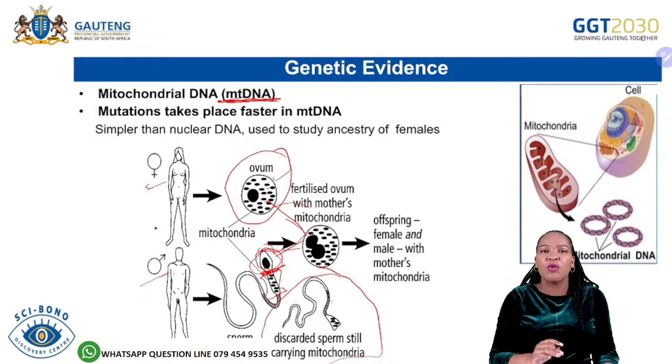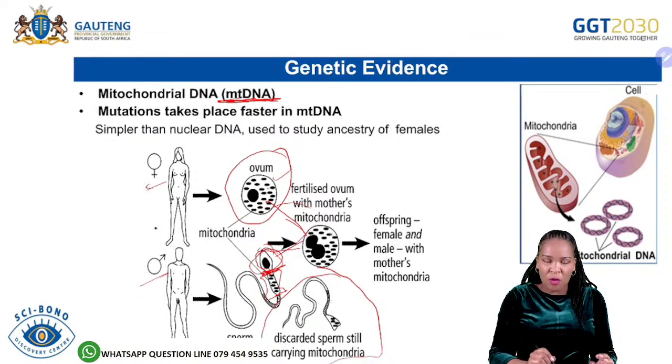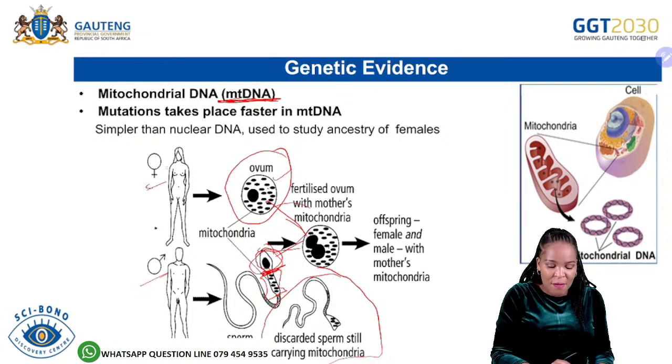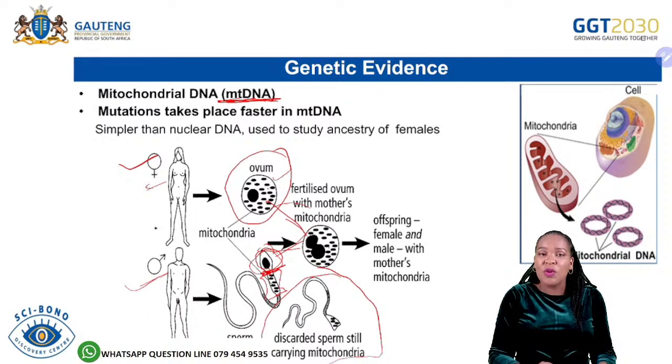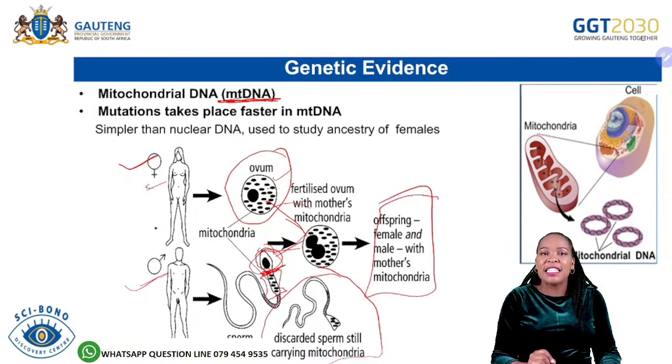They do not form part of our new zygote. So meaning our zygote is going to have what? The DNA of the mitochondrion of the female, of the mother, because that of the father was discarded with the rest of the sperm cell. Right. So the offspring will therefore carry the genetic mitochondrial DNA of the female.